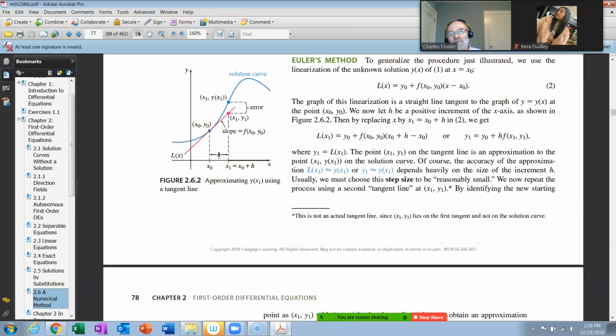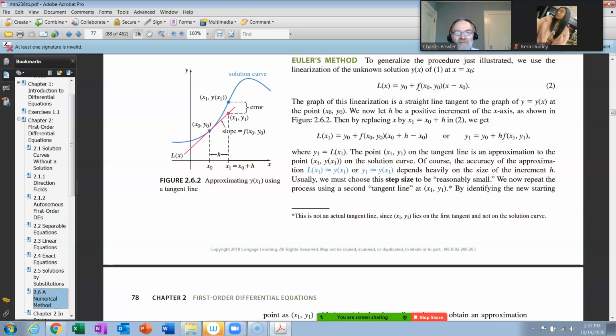Since it's a first order differential equation, we can write it in what they call, it's not standard form, I don't think, maybe that's what they call it: dy/dx is equal to some function of x and y. That's this, f of x and y. That's what your differential equation is.